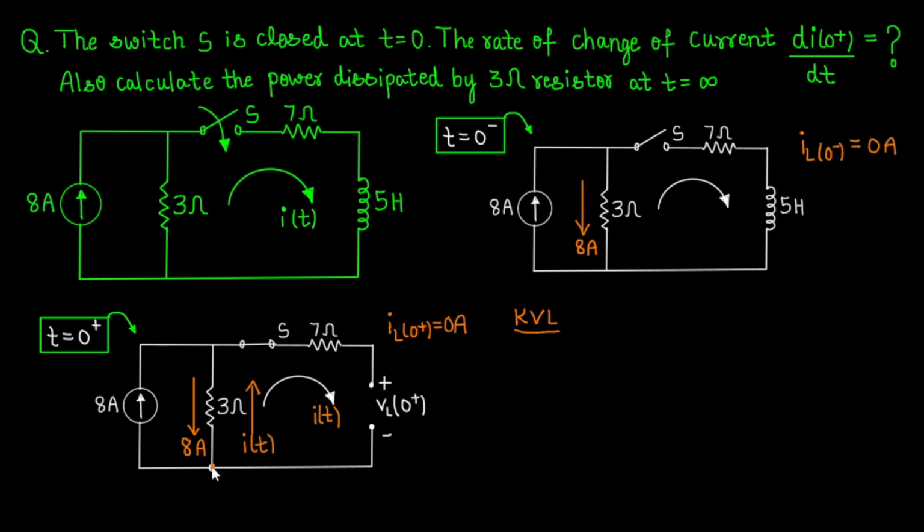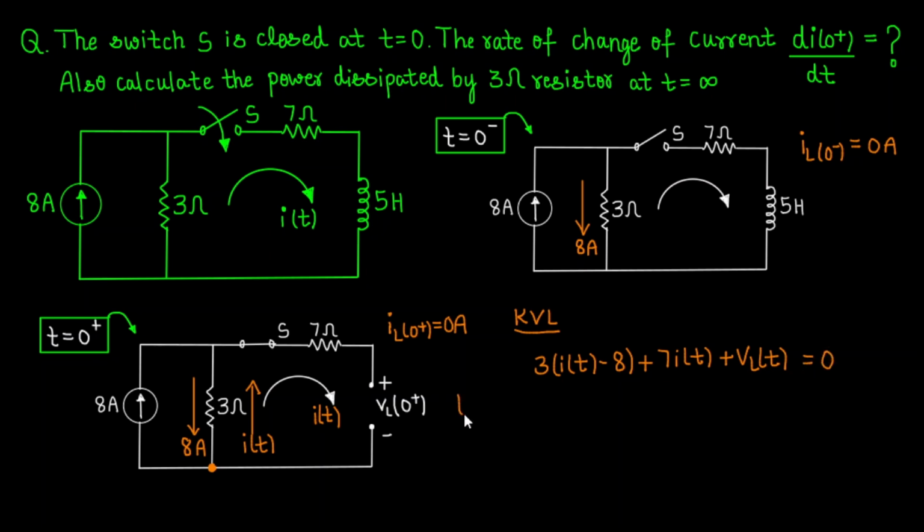So I am starting to apply the KVL from this point. So 3 ohms into the current which is going up, which is I of t, minus the current which is coming down, which is 8 amperes, plus 7 into I of t, and here we have the voltage developed across the inductor, which is plus VL of t equating to 0.